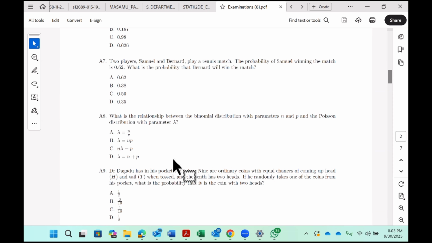What is the probability that Bernard will win the match?